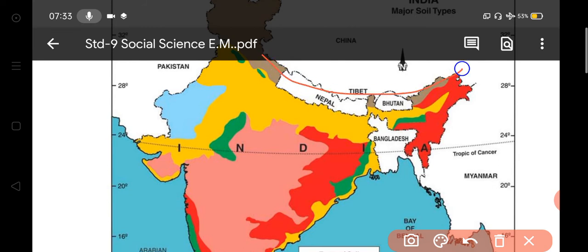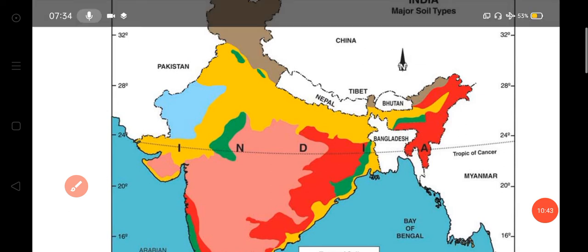This is the Shivalik range. So you can see this type of soil. Clear?